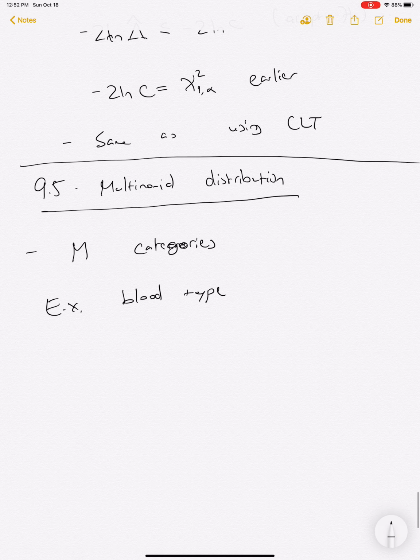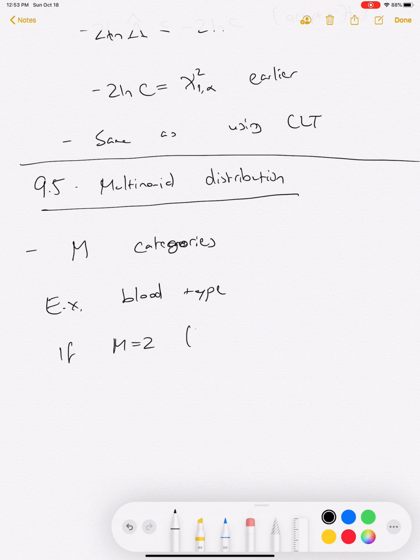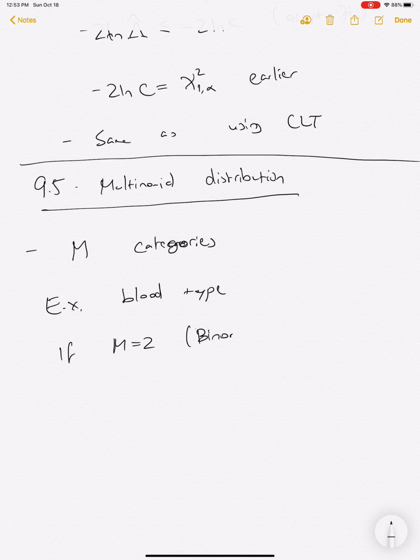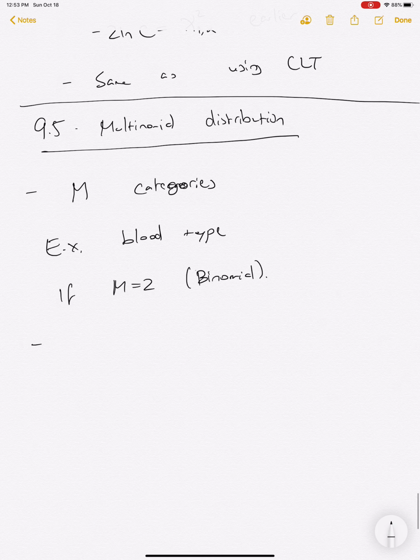We've seen that if m equals 2, this is just the binomial. But here we're talking about generalizing the binomial to more than 2 categories. So we have m categories, and then we have n samples or data points.